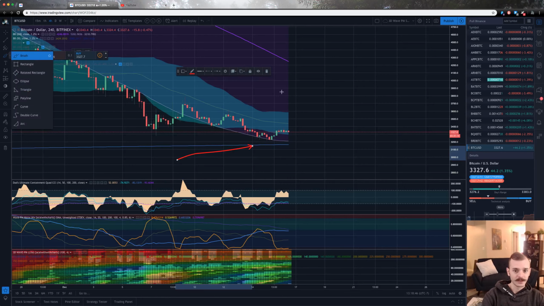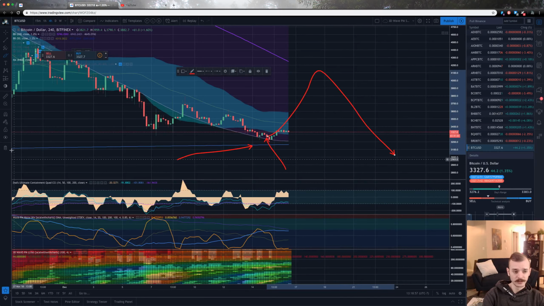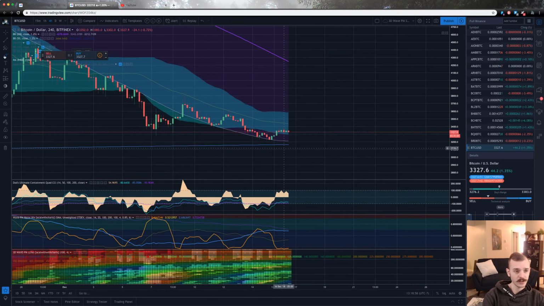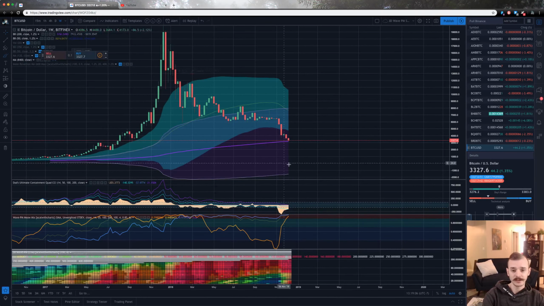So this mean reversion is implied. Why? Because we're inside an overexpanded band, and it is implied we will revert to the 200 moving average. Well, guess what? This retest happening right there is the same retest on the weekly chart of retesting the bottom edge of the expanding 50 band.